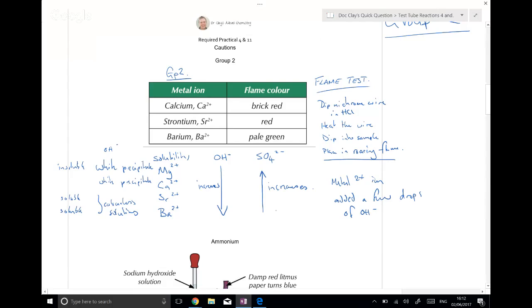So at the bottom here, you would have a white precipitate, and I'm just going to put PPT for these bottom two, and you would have a colorless solution for these top ones, because the solubility of the magnesium and calcium sulfates is greater. All right, so there are 2 ways that we can do some cation testing for group 2.